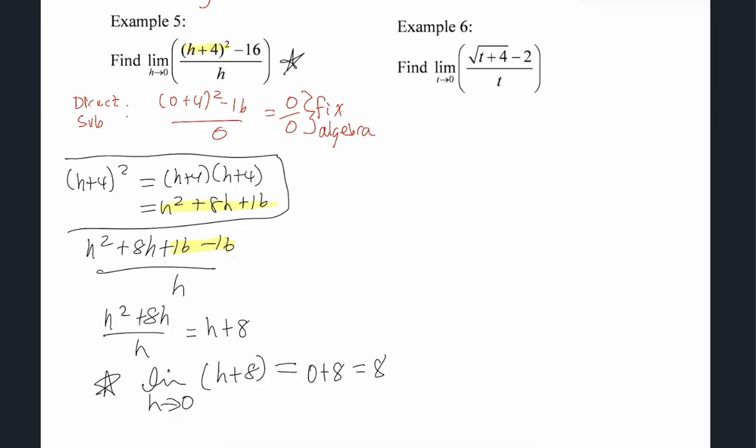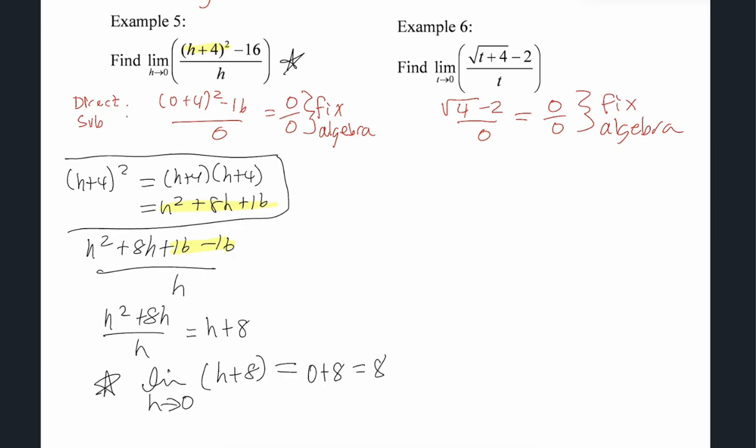Okay, now example 6. When I first try direct substitution, I get the square root of 4 minus 2 over 0, equals 0 over 0. Guess what? I have to fix the algebra. That's going to happen. But how do I fix the algebra?